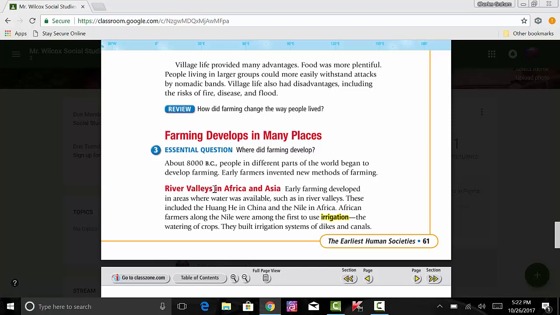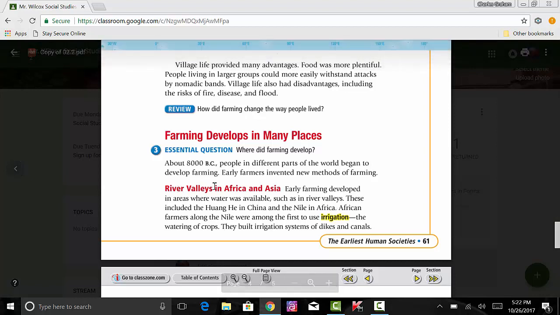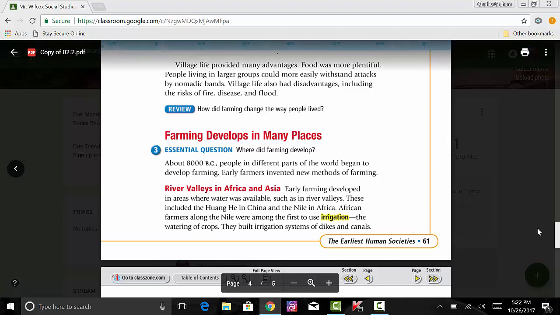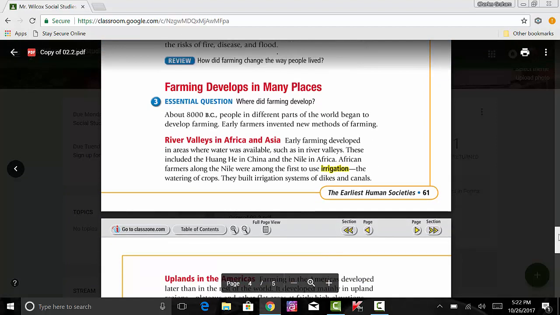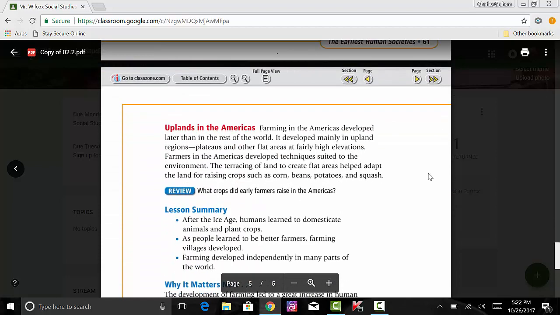And I know that soil gets deposited into those valleys, really fertile soil, and it makes really good growing of crops. So river valleys in Africa and Asia, I'm probably thinking that this part is going to be about how these river valleys were the first places that people started to actually grow their own food. Uplands in the Americas.